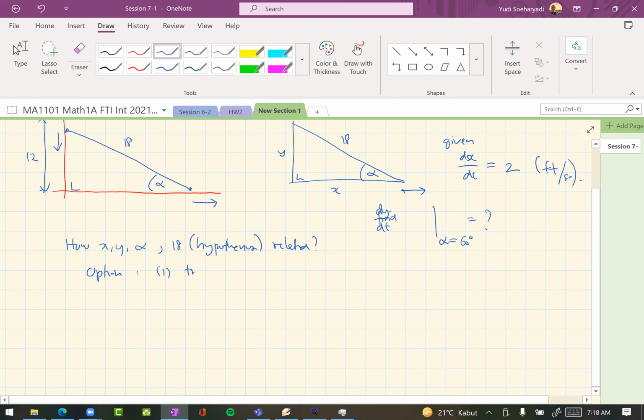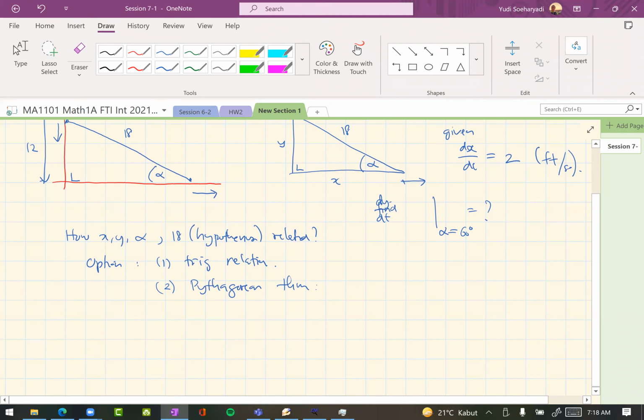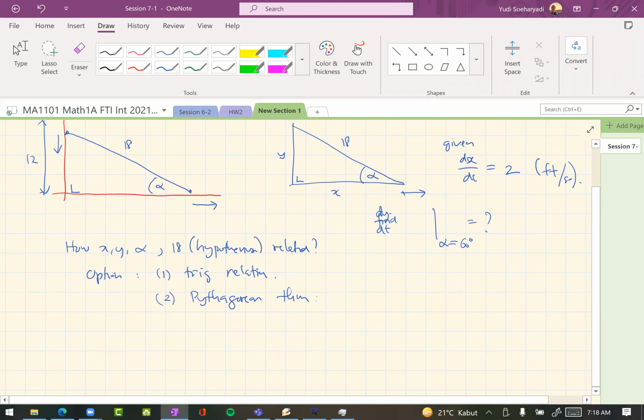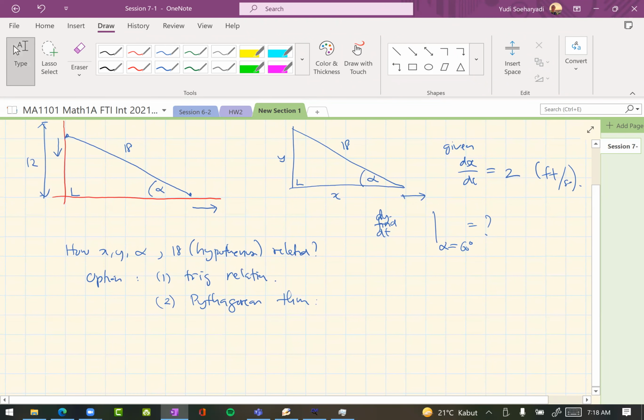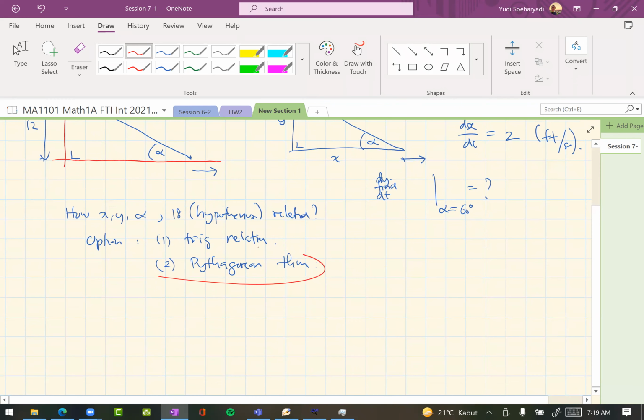Option one, use trig, using sine, cosine, or tangent, whatever you like. Or the second option, use the Pythagorean theorem. Let's do the Pythagorean theorem because that's the easiest possible. It relates x, y, and 18 directly. We can compute alpha later on.